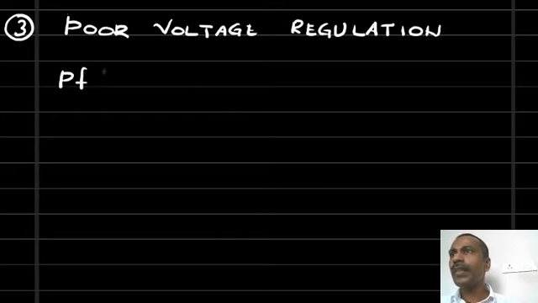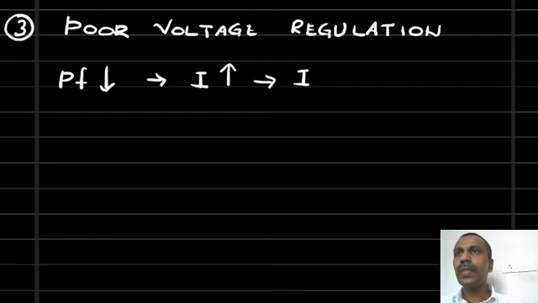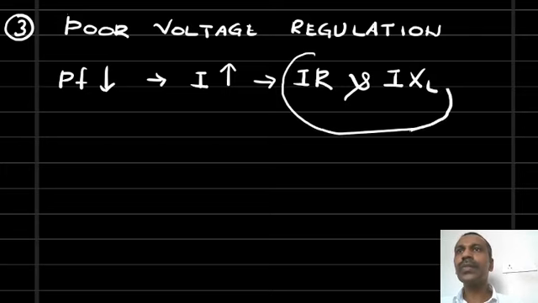When the power factor reduces, as you know, the current increases. When the current increases, the resistive drop and inductive drop, IR and IXL, they both increase.